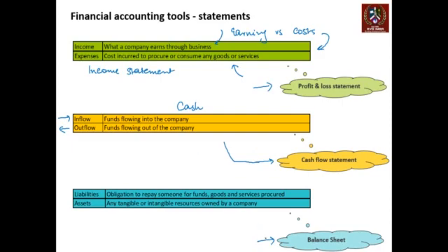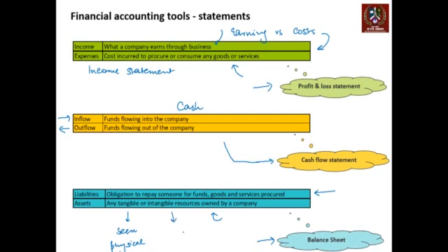And finally, you also need to know what are your liabilities or obligations in a business. So if you have to repay someone for certain goods or services procured, or for funds taken from them, that is a liability. And any resources owned by the company, tangible or intangible. Tangible means what can be seen, which have a physical presence, like a building.